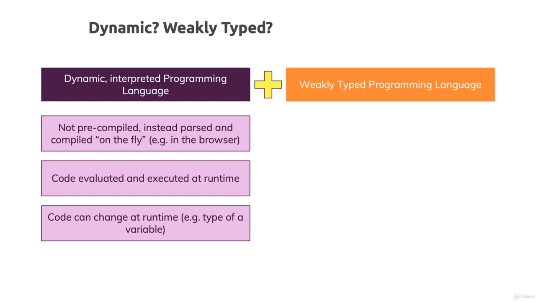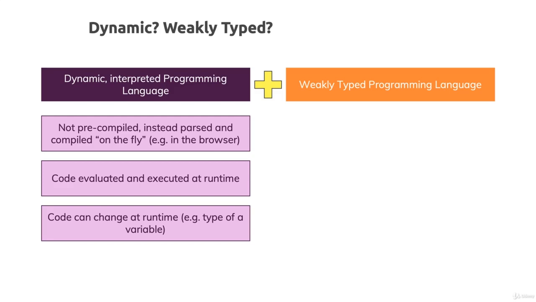For example, switching the data of a variable, which other programming languages are not allowed to do. Now, it's not necessarily good to switch the type of data dynamically or unexpectedly, but you can do that. The main takeaway, however, is the on-the-fly compilation and interpretation.